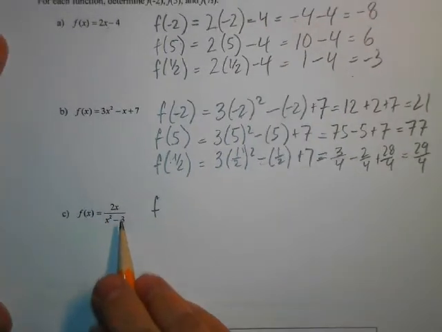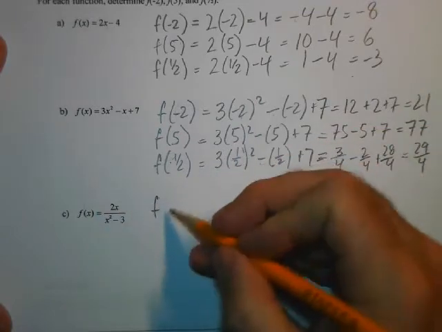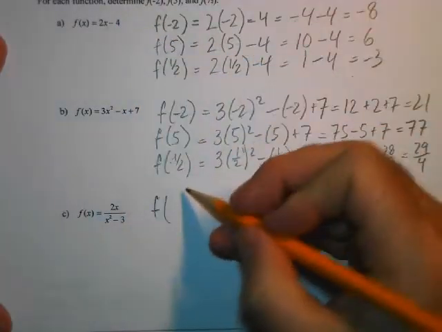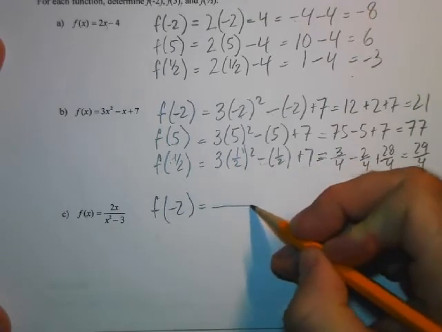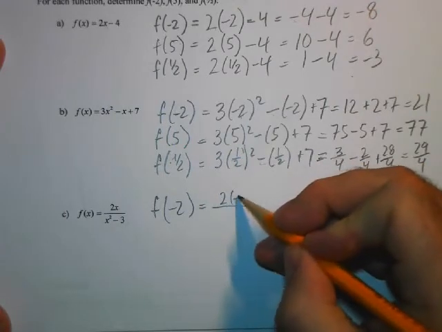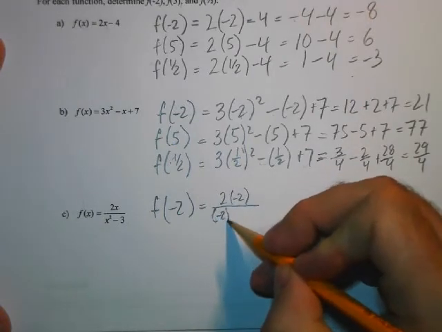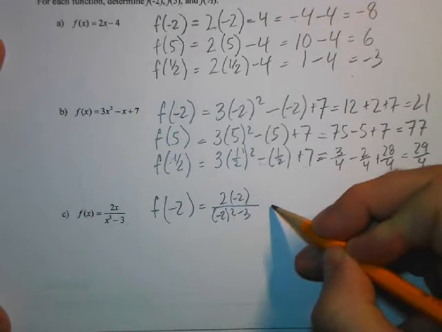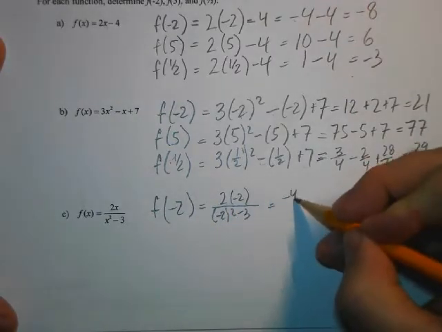The function f takes the input, multiplies it by 2, and then divides by the input squared minus 3. So let's change the input from x to what they're asking us, -2. On the top I've got 2 times -2. On the bottom I've got (-2) squared minus 3. So on the top I've got -4.